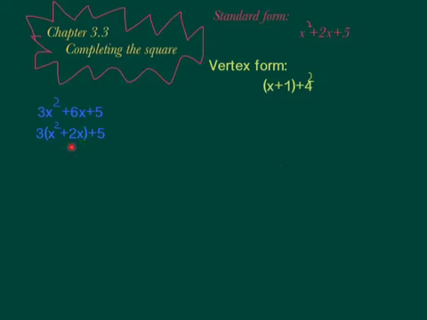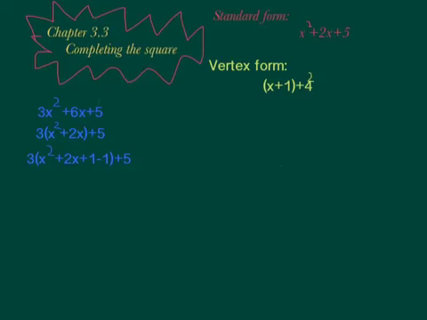So 2 divided by 2 is 1, 1 squared is 1. Okay, so we write it out as follows. Watch me. Okay, so I've written out plus 1, minus 1. Of course I'm allowed to do that. I can add any number and then subtract it because it will still give me 0. If I was to factor this all out, I would still get back to something like this.